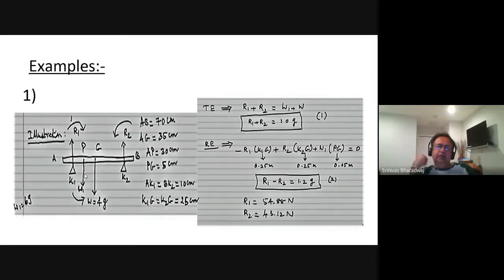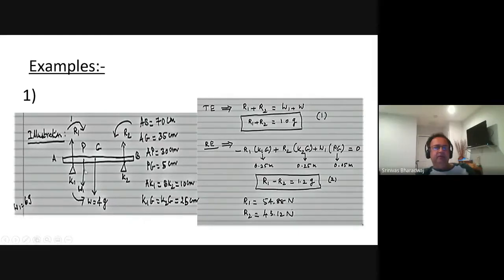Think of it this way: there is a boy sitting at this point P, whose weight is W1. Then the mass of the rod itself is 4g, acting here. W1 is the boy sitting in the middle, his weight is 6g, 6 kilograms.